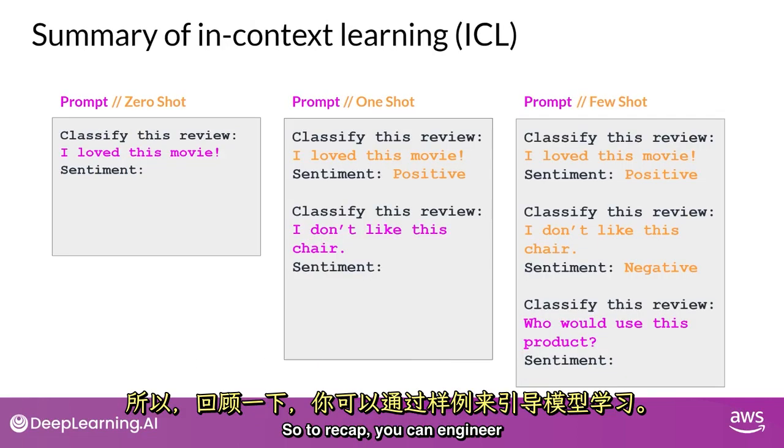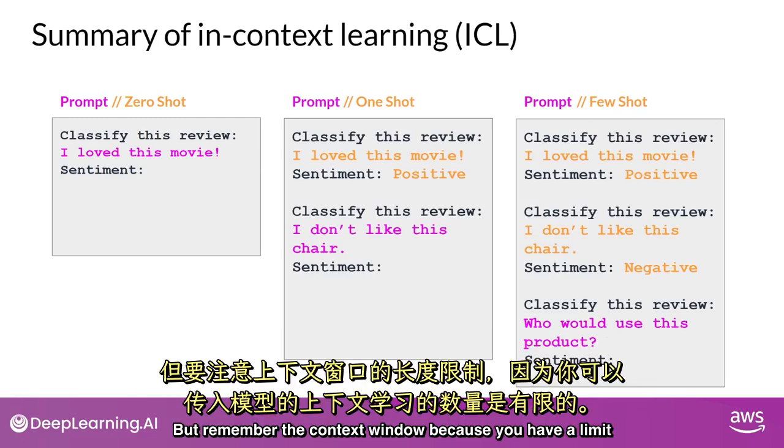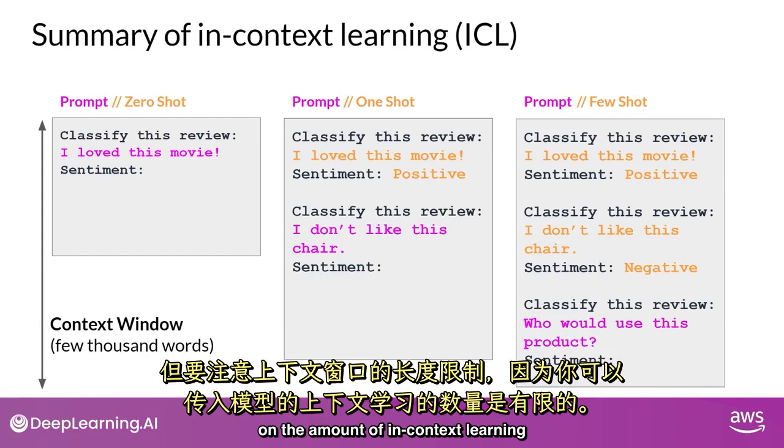So to recap, you can engineer your prompts to encourage the model to learn by examples. While the largest models are good at zero-shot inference with no examples, smaller models can benefit from one-shot or few-shot inference that include examples of the desired behavior. But remember the context window, because you have a limit on the amount of in-context learning that you can pass in to the model.